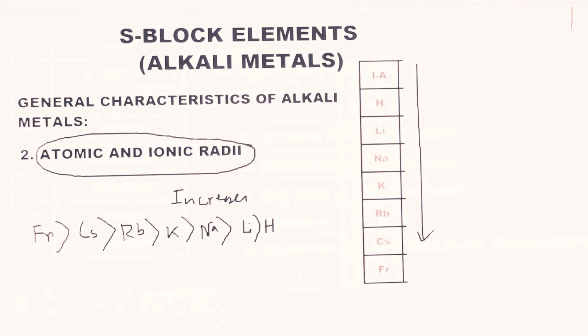In general, the atomic radii and ionic radii of alkali metals are large, and they vary down the group.